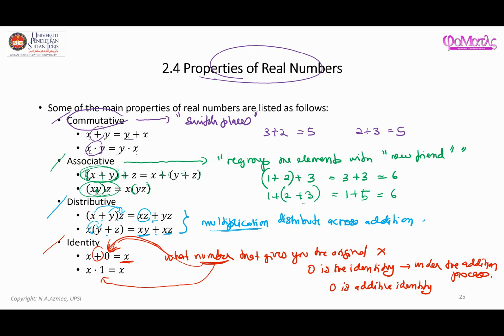It is not 0, because if you multiply 0 with x, you will get 0. You don't get the original x. So under the multiplication process, 1 is the identity, and a better name is multiplication identity.